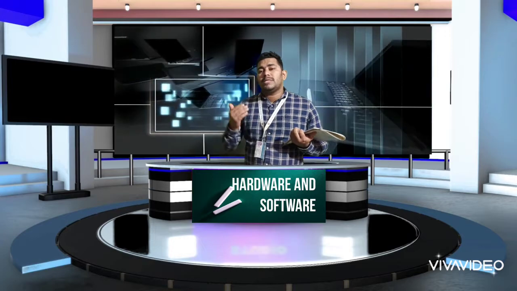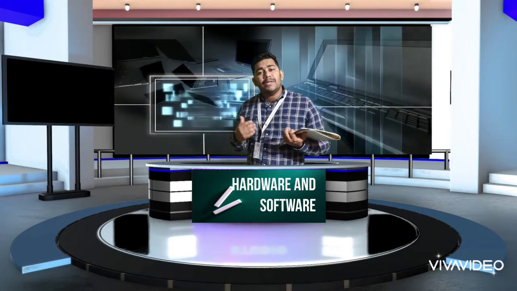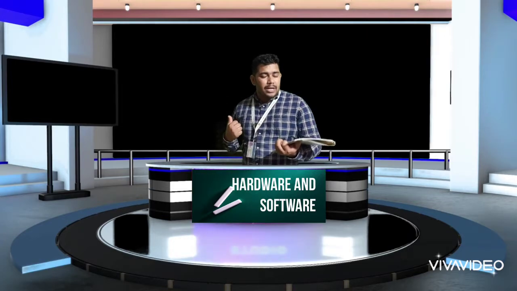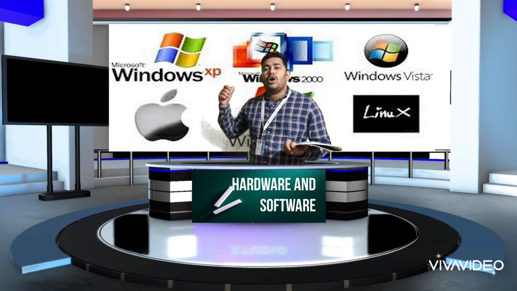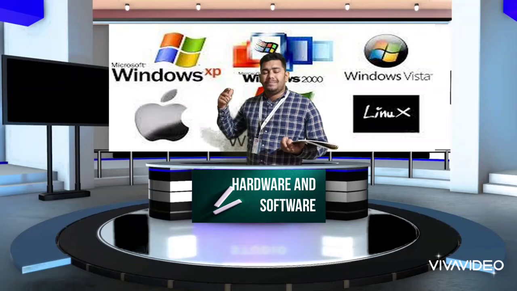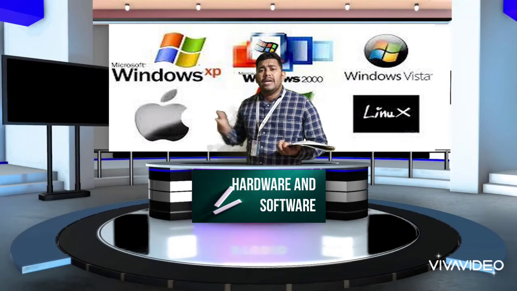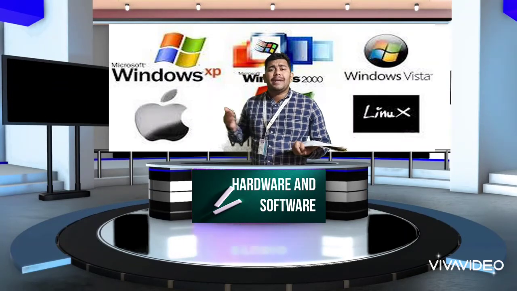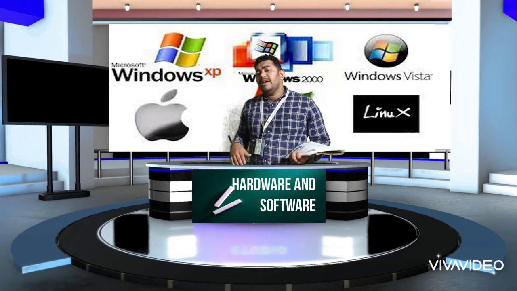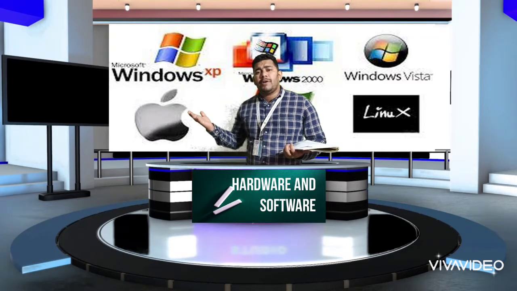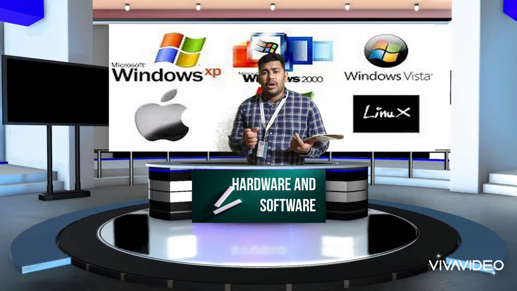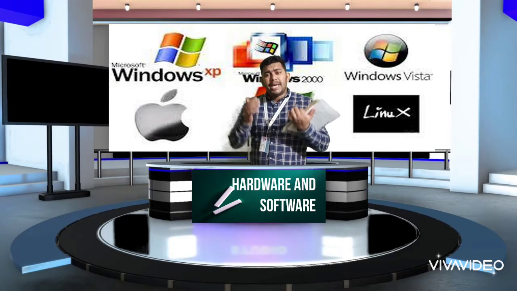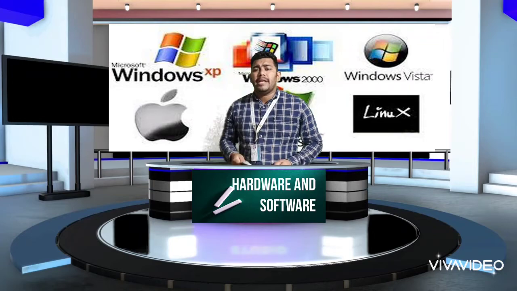You came to know about the system software. An example is the operating system, that is your Windows or Linux or Mac. These are some operating systems, and the application based software are all the software that does a specific work. This is the main part of your hardware and software.